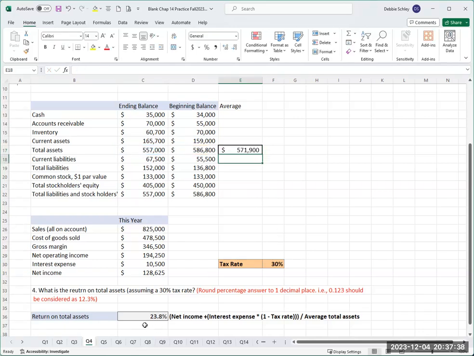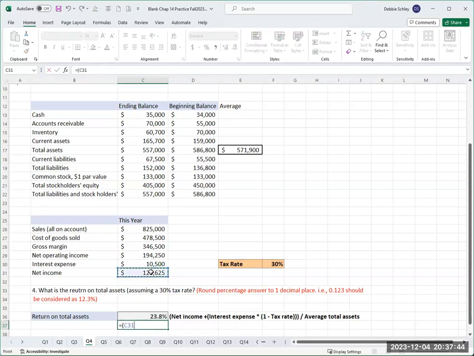So then I could have done equals open parentheses net income plus open another parentheses interest expense times parentheses 1 minus the tax rate, close all 3 parentheses, divided by average total assets.